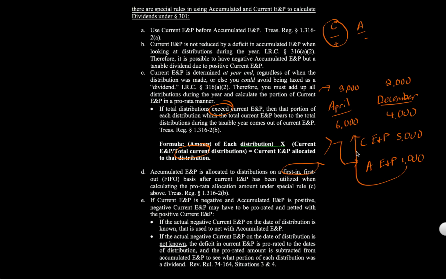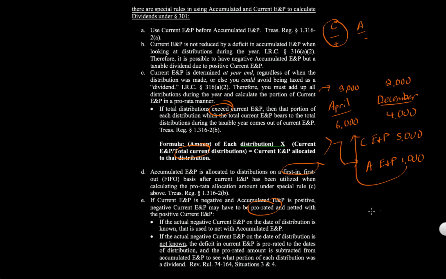Now, if current E&P is negative and accumulated E&P is positive, then we do have to net the numbers. So there's 2 rules here. The first rule is a general rule, which is we prorate the negative current E&P to the time of the distribution.